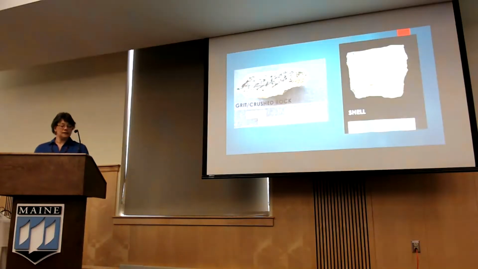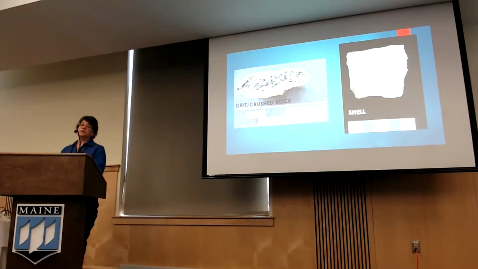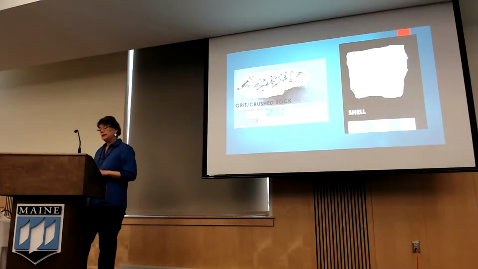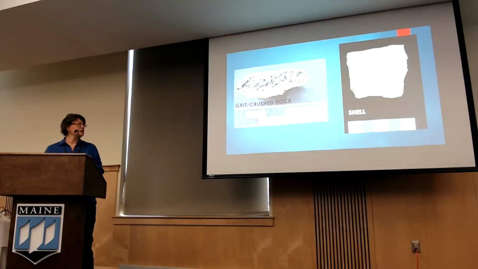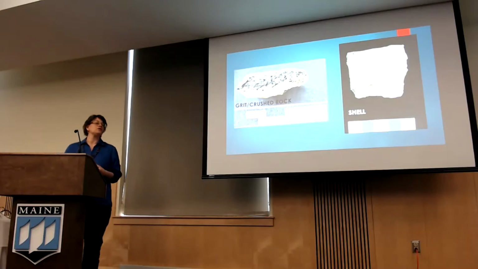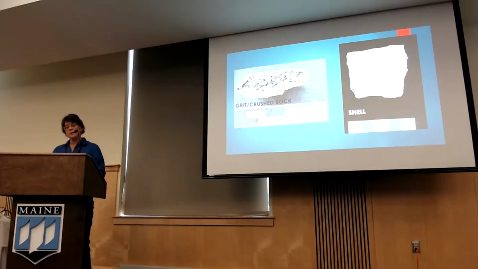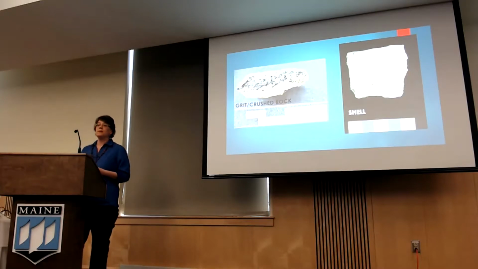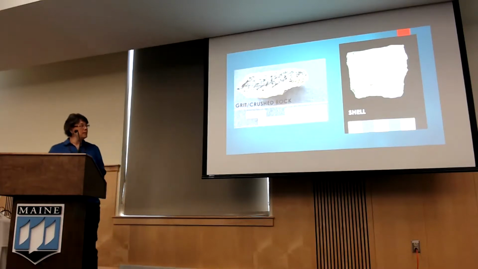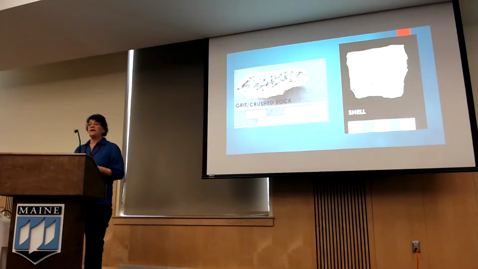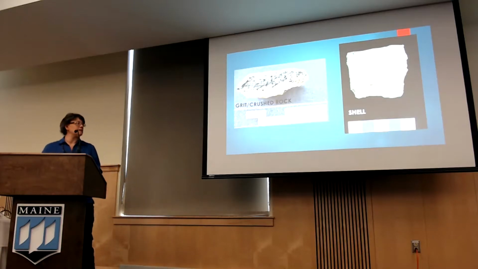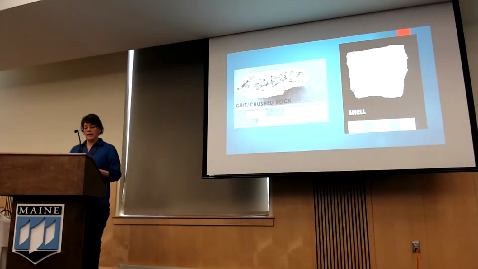But despite the variety of temper options available to past potters, archaeologists in Maine have rarely considered the use of temper types beyond crushed rock and shell. Temper classifications are often restricted to identifying what the minerals are in temper, or they are classified very broadly as shell or organic. And here are a couple examples of temper.